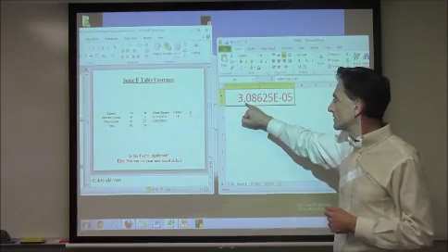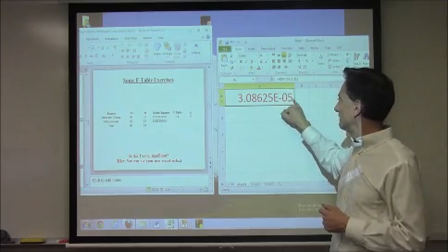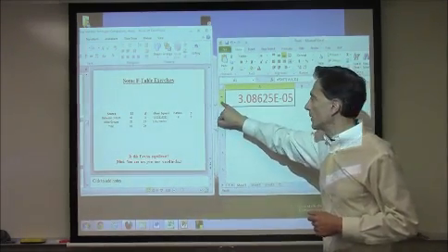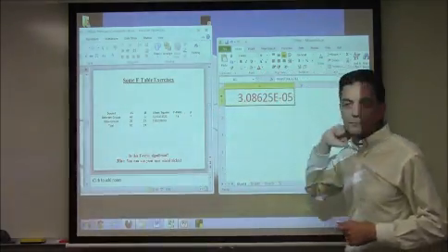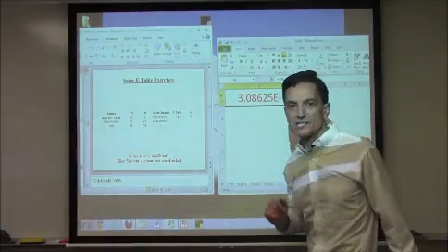That means that we have to make this now smaller by essentially 5 log units, or 5 factors of 10. So we're going to go over here once, twice, 3, 4, 5 times. We'd have all these leading zeros before we finally got to that 3. That's what this -5 is telling us to do.